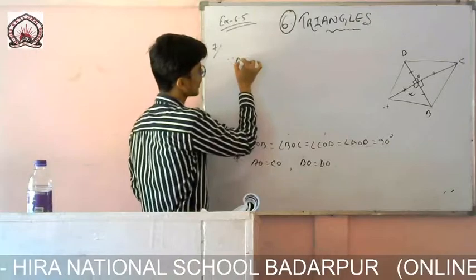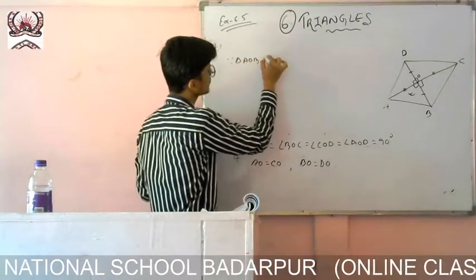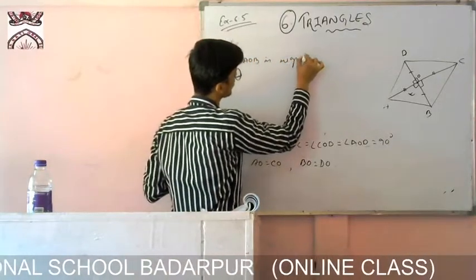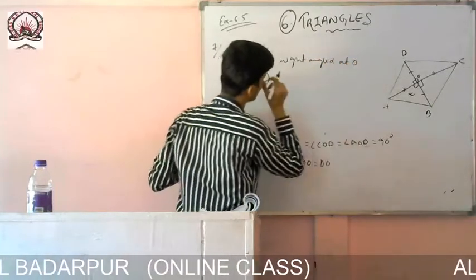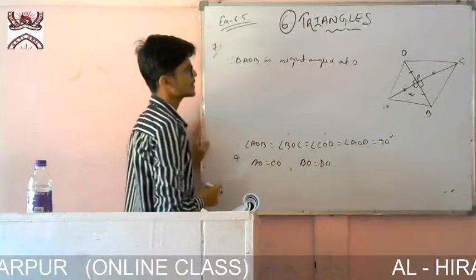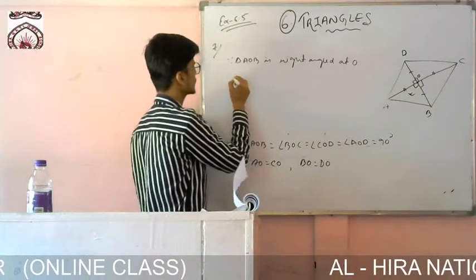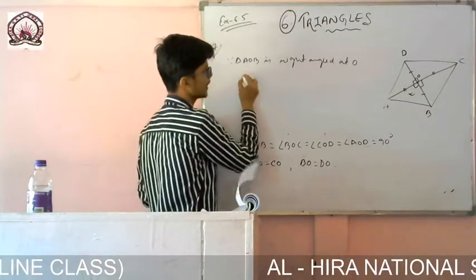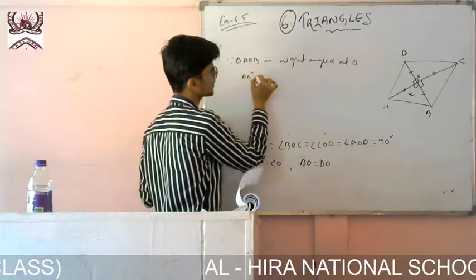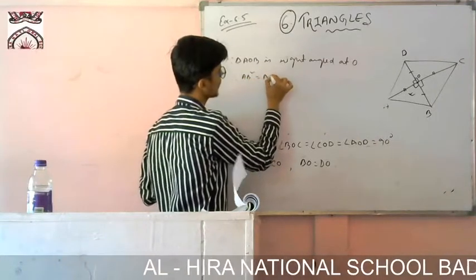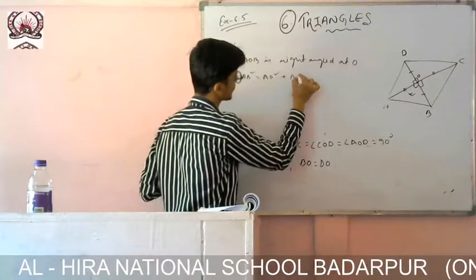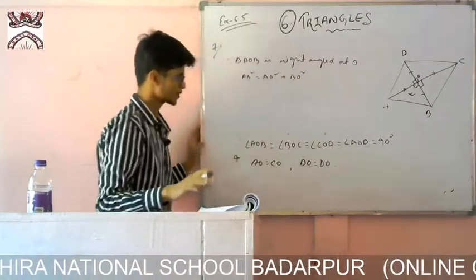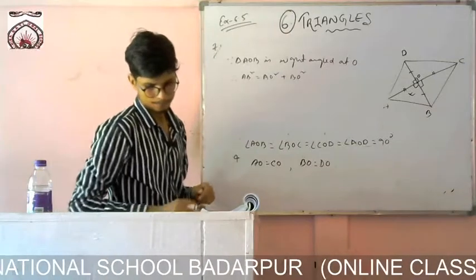Since triangle AOB is right angled at O, I can use Pythagoras theorem. Let me erase up to this much. So I can write AB square, AB will be the hypotenuse, AB square is equal to AO square plus BO square.